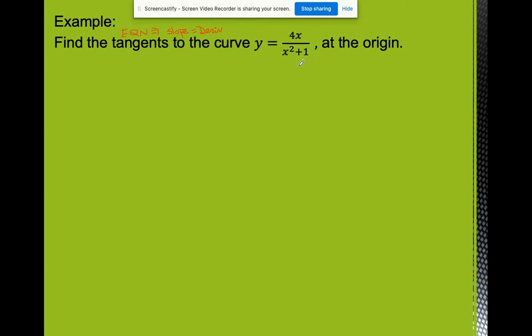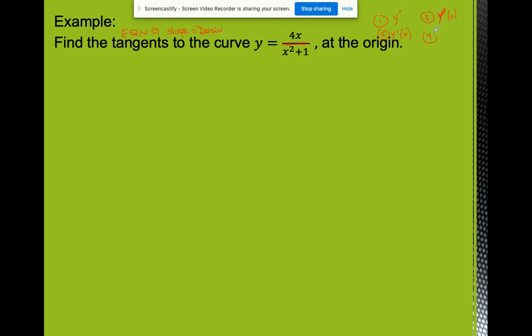So step 1 is find y prime. This is a quotient that cannot be undone. So I have y, I need y prime. Step 2, what is y prime at the origin? Step 3, what is the function at the origin?